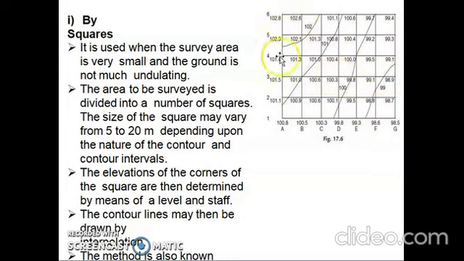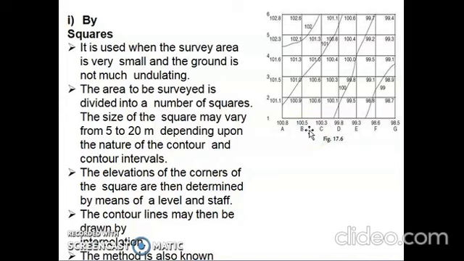So these points are marked as A, B, C, D, E, F, G as shown in the figure, and 1, 2, 3, 4, 5, 6 in the figure. Now the readings are taken. Now the distance between point 1 and 2 or point A and B is the same. Either it can be 2 meters, 4 meters, 5 meters depending on the precision that is required. If the work is very important, the distance between these two points should be less.